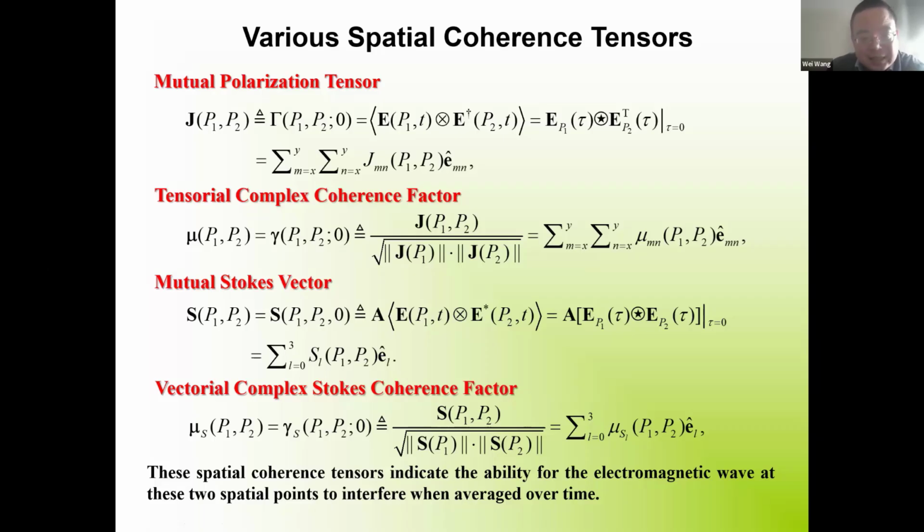So these spatial coherence tensors indicate the ability of the electromagnetic wave at two spatial points to interfere when averaged over time. Through this kind of definition, you can quickly understand the underlying physical indication of this spatial coherence phenomenon.